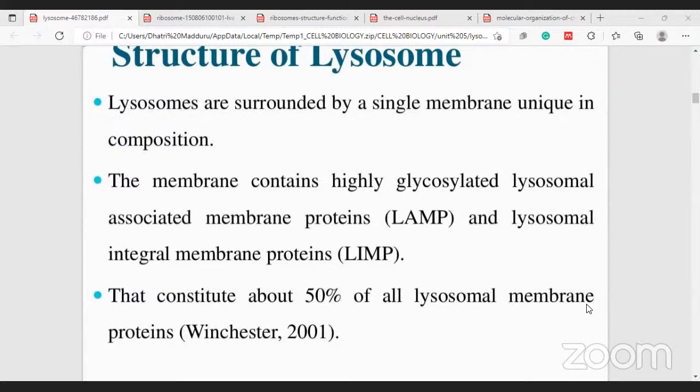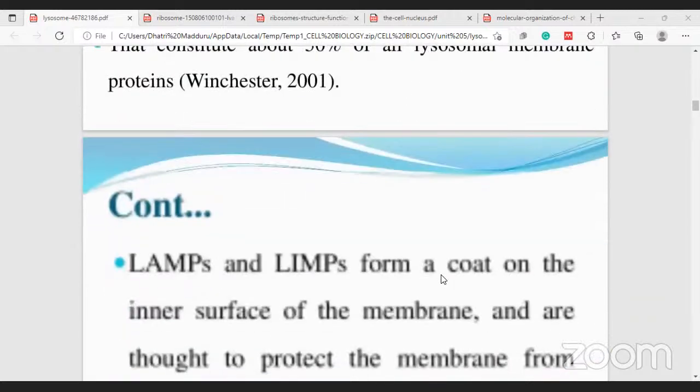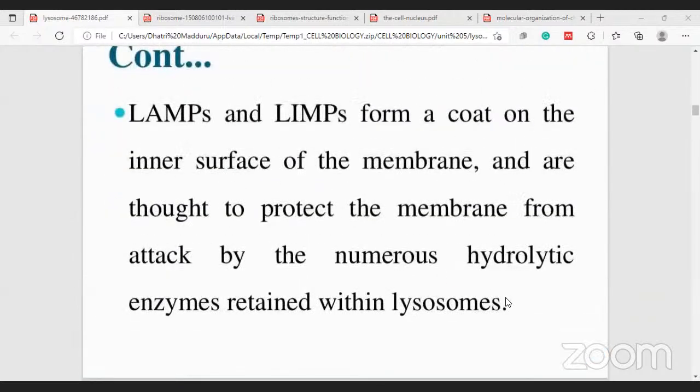Around 50% of all lysosomal membrane proteins are made up of these associated membrane proteins and integral membrane proteins. These two, LAMPs and LIMPs, form a coat on the inner surface of the membrane.